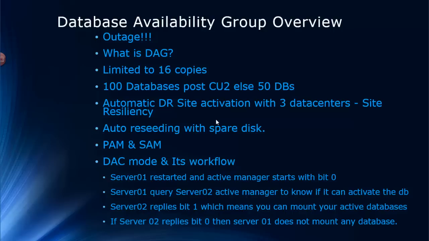So with Standard, it's still 5. 5 in the sense it includes active and passive copies. So it doesn't mean that you have 5 active or 5 passive. It's maximum 5. All right.